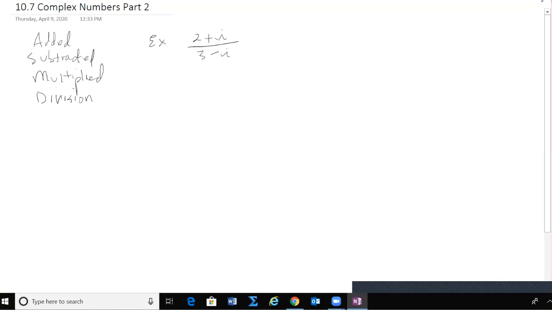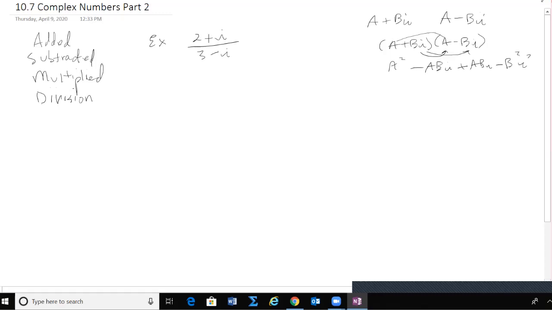Since we know this i involves a radical, we're going to use the fact that if I have a number a plus bi, then its conjugate is a minus bi. And when you put conjugates together as a product, a plus bi times a minus bi, you end up with a squared in the first product, then minus abi, then plus abi, and the fourth product is minus b squared i squared.